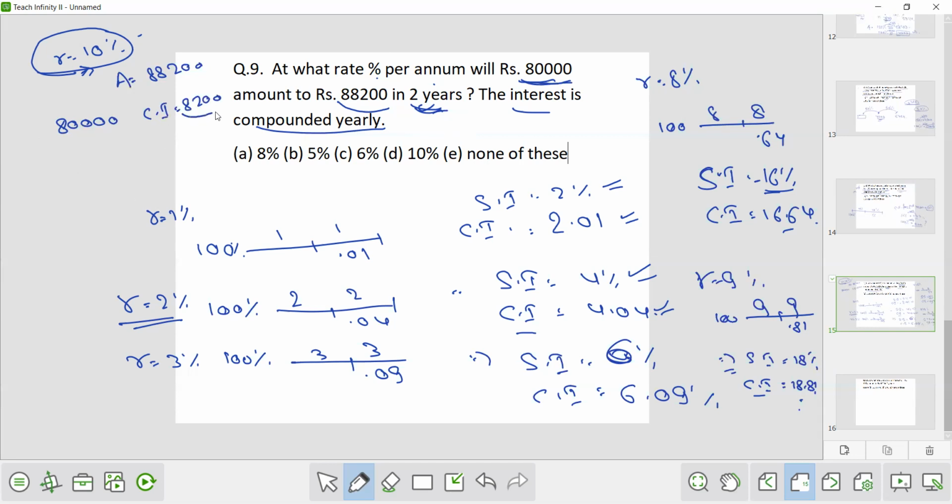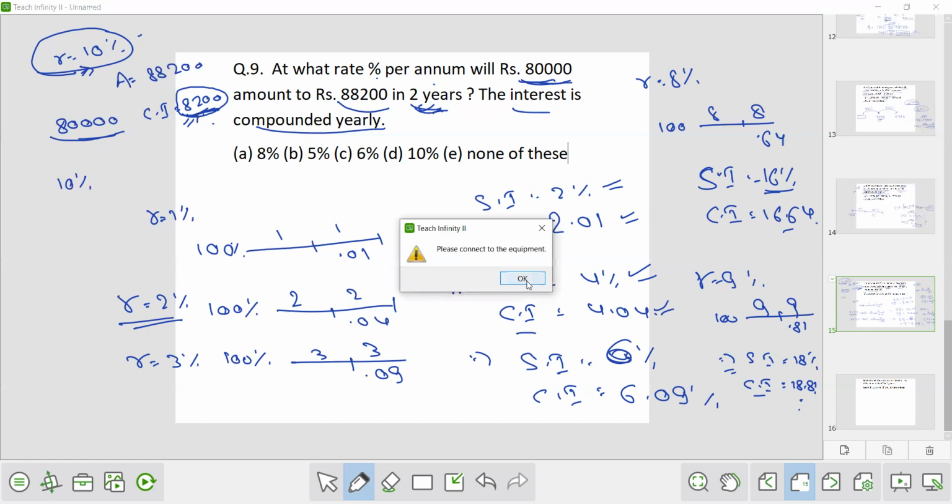This 8,200 is greater than which even number? 8,200 is how much percent of this 80,000? If it would be 8,000, this would be 10%, and if it would be 8,800, this would be 11%. So it is greater than 10% and less than 11%.